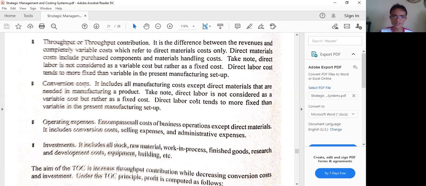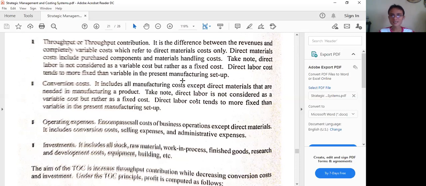Let me go over that conversion cost, because I failed to mention it perhaps somewhere. Conversion cost is basically similar in financial accounting, except that for this one, direct labor has an assumption in which it is fixed rather than variable.